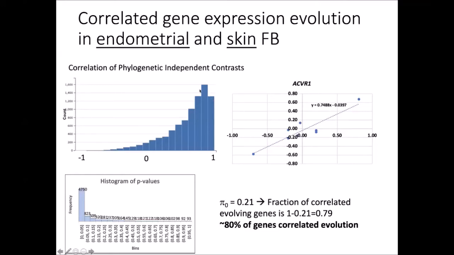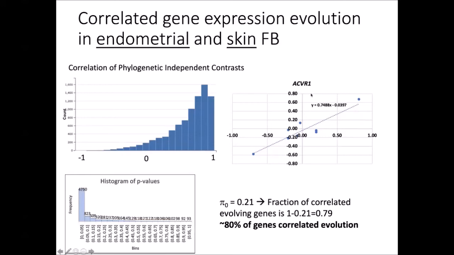So that's probably the evolutionary reason why skin fibroblast biology and endometrial fibroblast biology tend to be correlated, because they have a tendency of changing gene expression profiles in a correlated fashion.